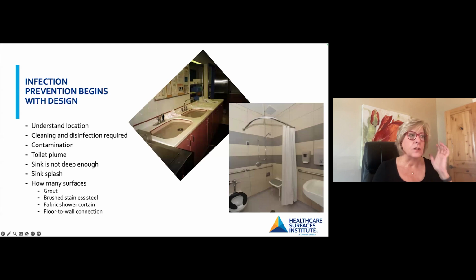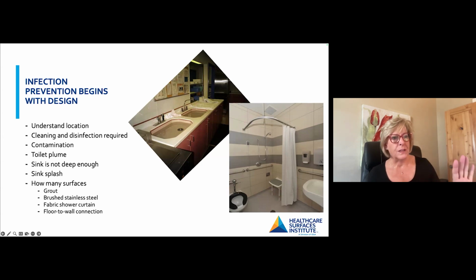When you're selecting surfaces, there are seven aspects that you truly need to look at. We won't go through all of those today, but right now I want to talk about these are real world settings. You need to understand the location. So the photo on the right is actually, we've moved to a universal patient bathroom. And in this bathroom, we have a toilet.